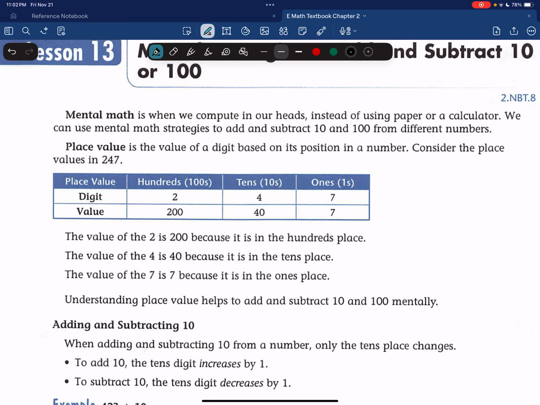Consider the place values in 247. You have a 2 in the hundreds place, or 200, a 4 in the tens place, or 40, and a 7 in the ones place for a value of 7.